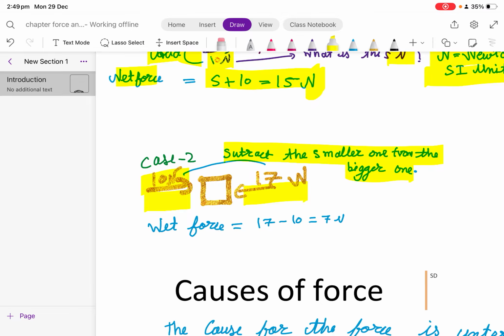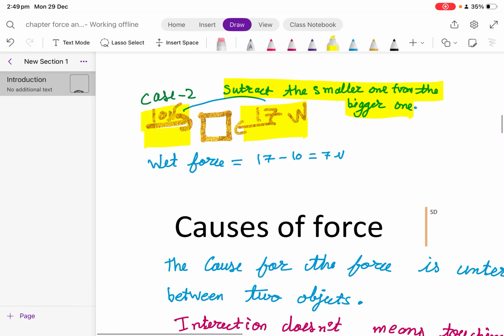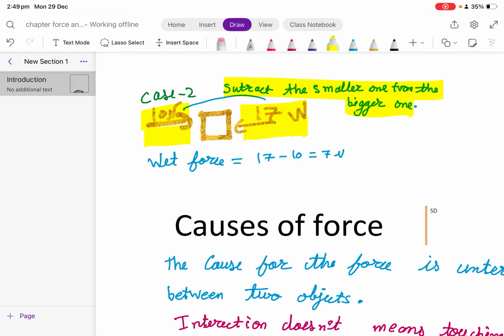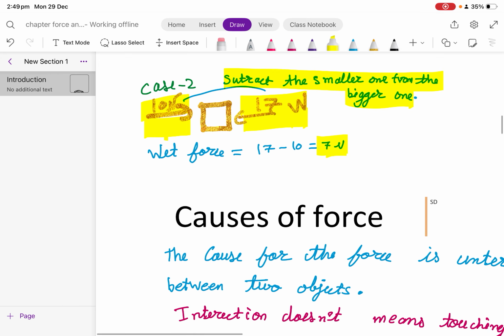You are applying 10 Newton, your friend is applying 17 Newton, then the net force or resultant force would be 17 minus 10. When we subtract 10 from 17, it becomes 7. And don't forget the unit, we'll write 7 Newton.